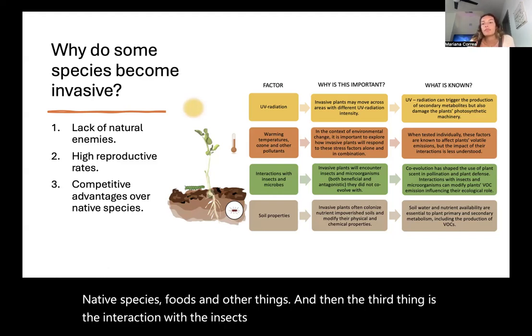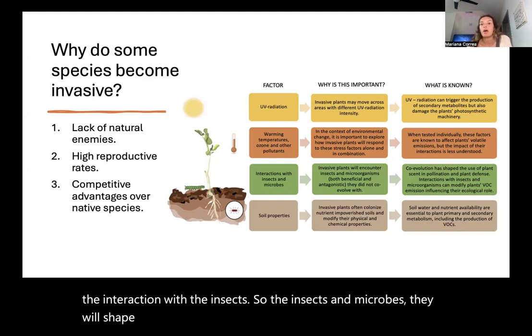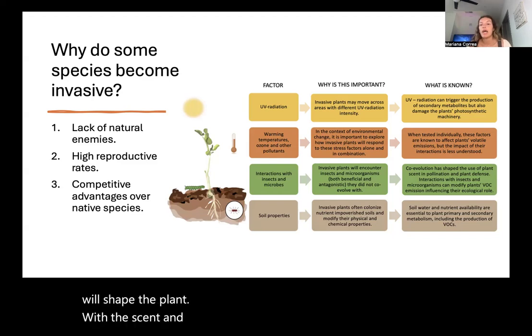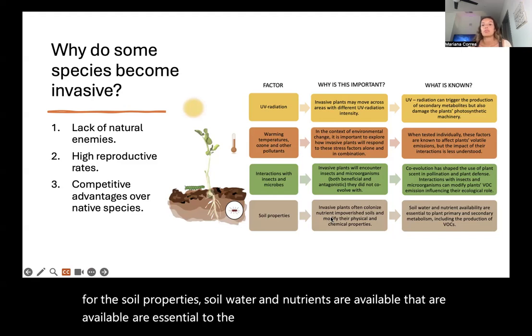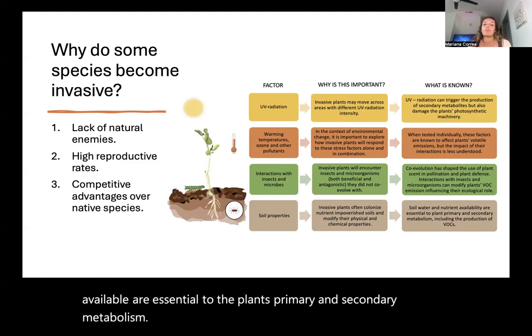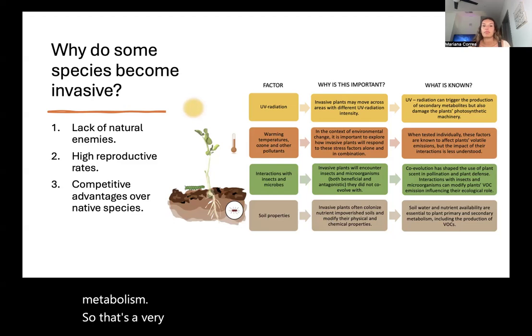The insects and microbes will shape the plant with the scent and the pollination and the plant's defense. And then for the soil properties, soil, water, and nutrients that are available are essential to the plant's primary and secondary metabolism. So that's a very important part for a plant specifically to be able to grow.